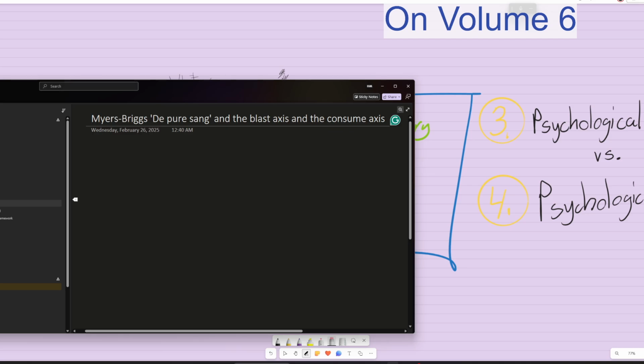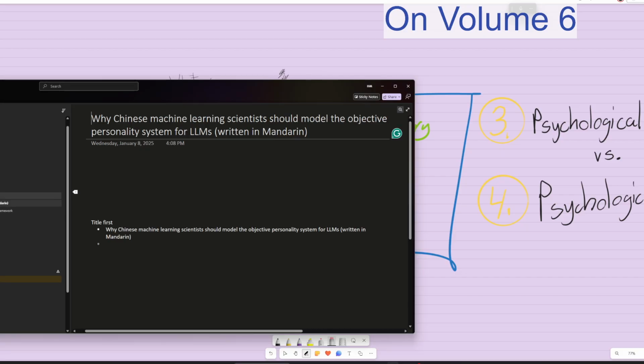Myers-Briggs, de Persang, and the blast axis and the consume axis. Why Chinese machine learning scientists should model the objective personality system for LLMs, written in Mandarin.